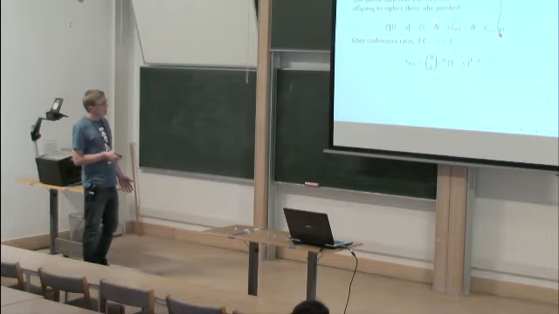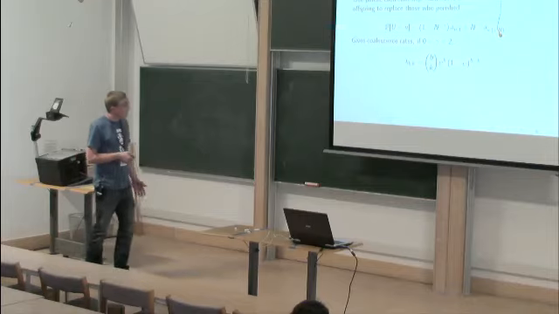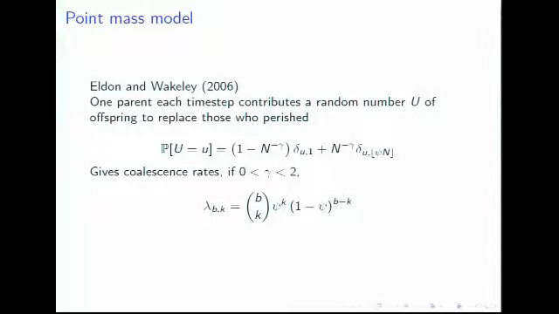Whereas with this probability, he contributes some fixed fraction psi of the total population. What comes out of this is that if gamma is between 0 and 2, you get that some k of the B lineages coalesce with this rate.